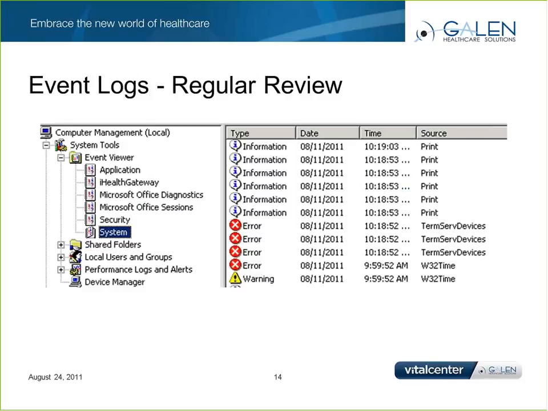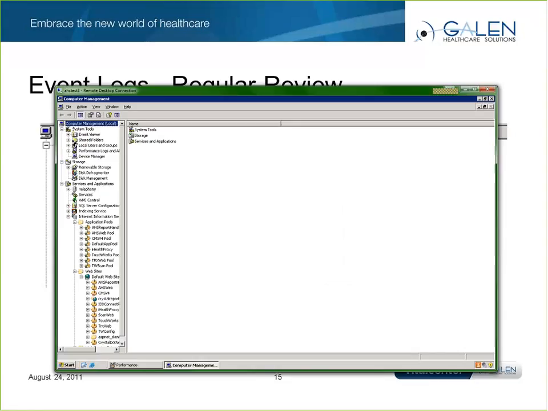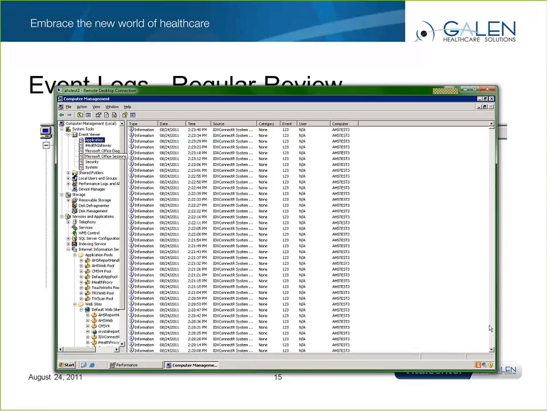So the event logs, it's important that there's a regular review of these logs. I'll show you an example of a common non-issue, which is terminal server devices you see on here, and I'll pull that up for you here just a second. If we go into the event viewer under application, you can see this is pretty clean.